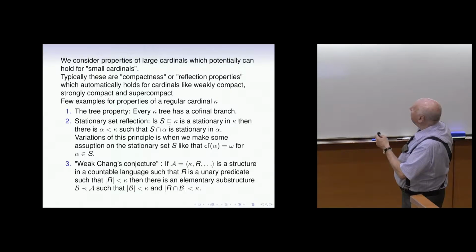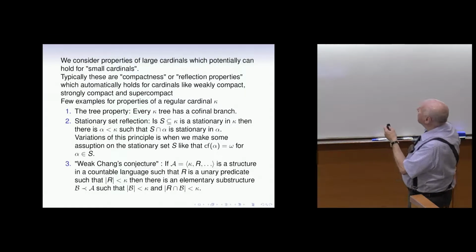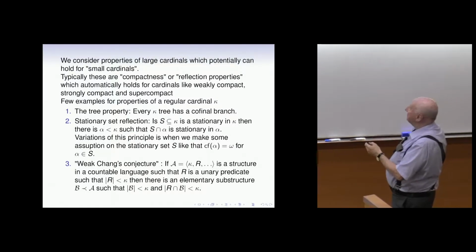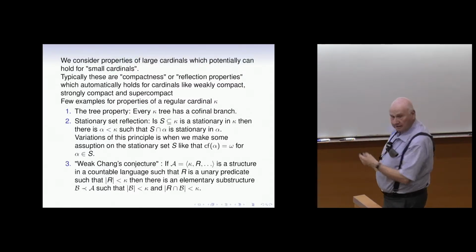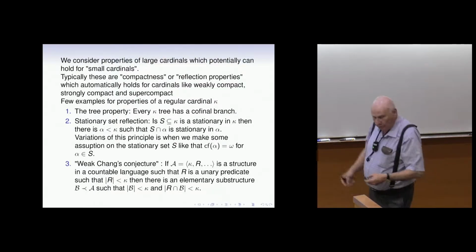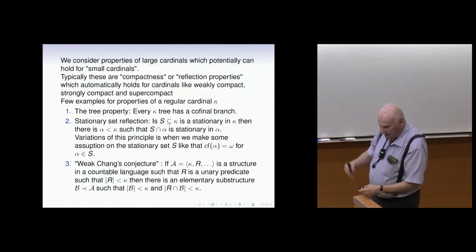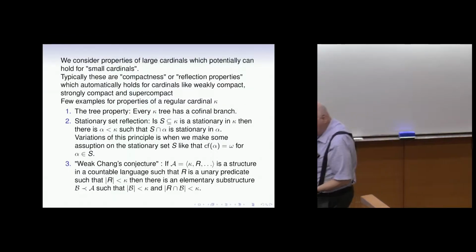Then you want to reflect the fact that it is a structure where the size of this distinguished predicate is less than the size of the structure. So you want an elementary substructure B which has smaller cardinality, but also you reflect the fact that the size of R intersect B is less than the cardinality of B. Then we want to reflect the fact that this distinguished predicate has smaller cardinality.